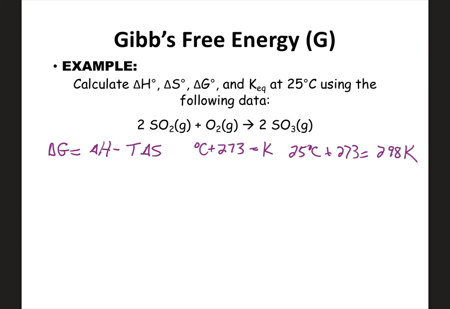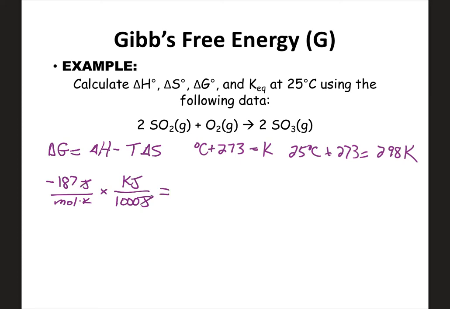But also, we need to convert the delta S that we found. Remember, our delta S is in joules per mole times Kelvin. We need to get that to kilojoules per mole times Kelvin. So we found delta S to be negative 187 joules per mole times Kelvin. In order to get this to kilojoules, we're going to have 1,000 joules on the bottom for every 1 kilojoule.